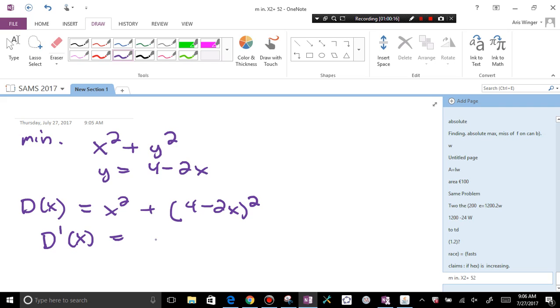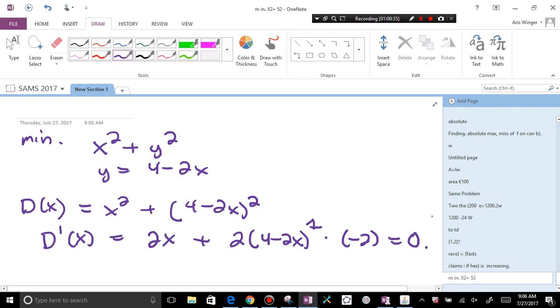The derivative of x squared is 2x. The derivative of (4 minus 2x) squared is 2 times (4 minus 2x) to the first times negative 2. Let's solve for x.